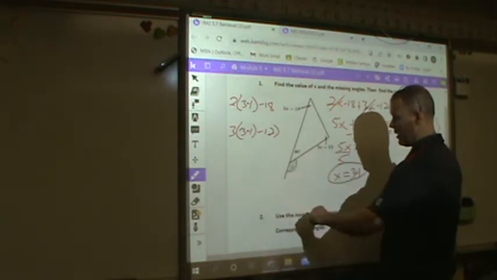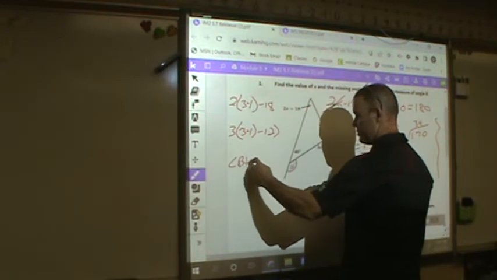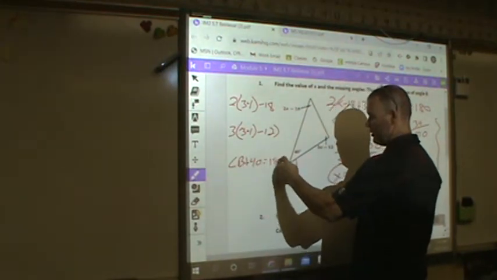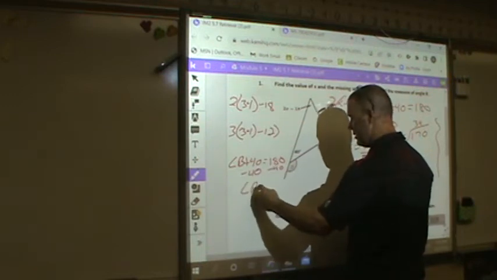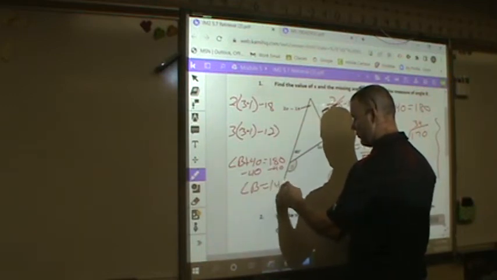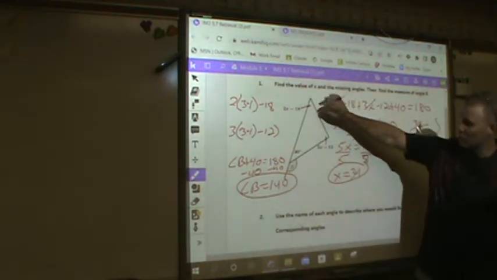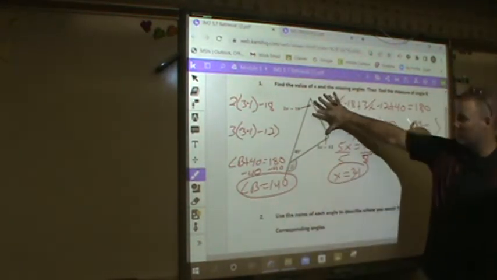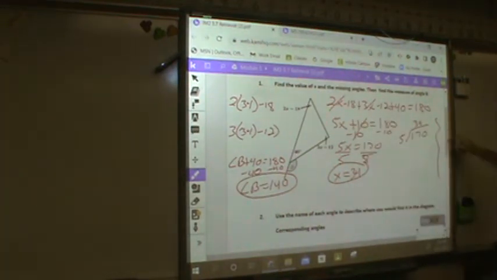They are a linear pair. So angle b plus 40 is equal to 180, and I can subtract 40, and angle B is equal to 140 degrees. That is an exterior angle. The sum of these two is equal to 140. I don't know what either of these are, and it's not even asking me that, but that's what the sum of those two is.